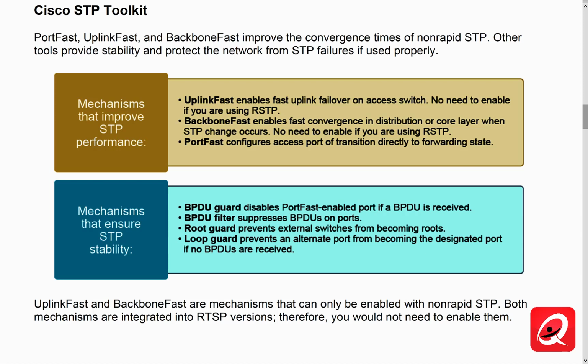There are some cases where you would want to run Portfast on a trunk if it goes to a VMware server or something like that. But for the most part, spanning-tree portfast default works just fine. Okay.